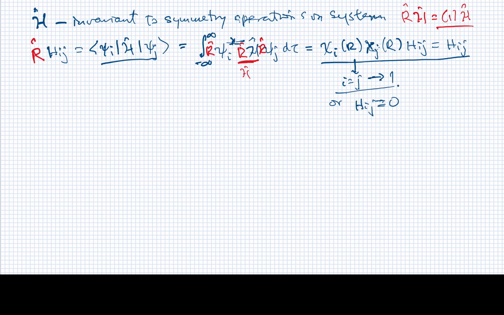So once again, if the two wave functions belong to different irreducible representations, this integral over the Hamiltonian will end up vanishing unless they're in the same irreducible representation. And that's just a way of taking advantage of the fact that the Hamiltonian itself is a totally symmetric object within this point group and within this set of symmetry operations.